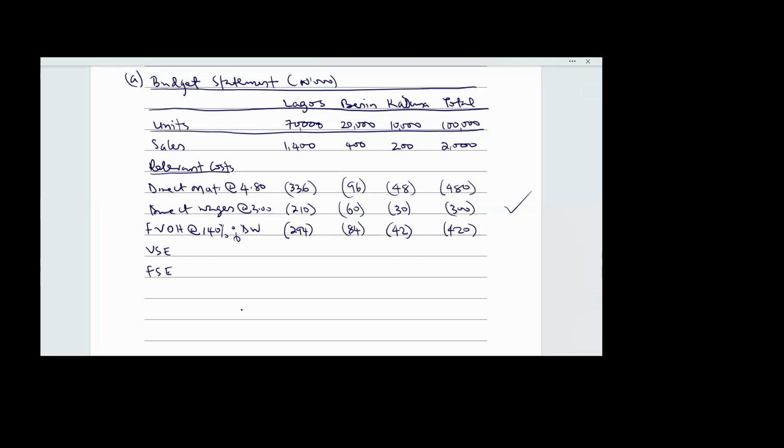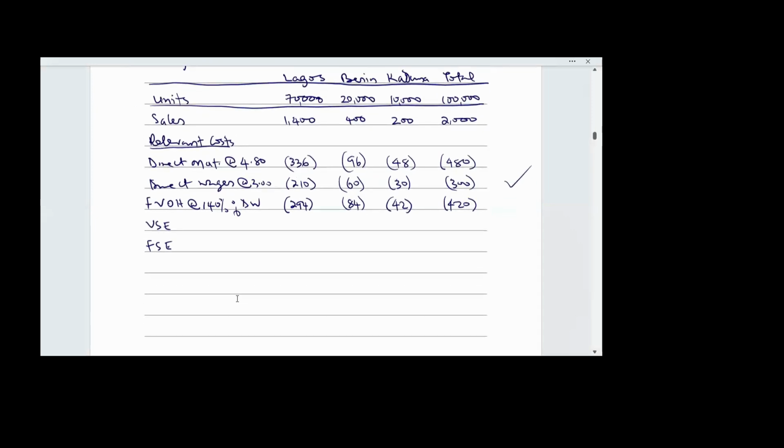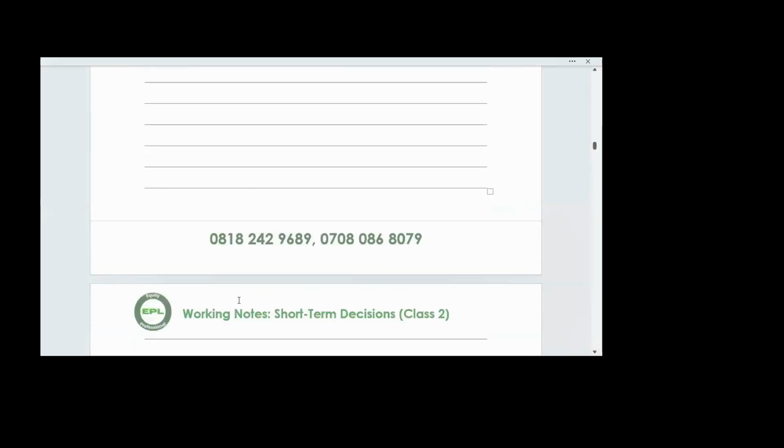Then variable selling expenses. The examiner told us that the variable selling expenses is 5% for Lagos, 8% for Benin, and 10% for Kaduna. So the selling expenses is a percentage on sales. Let's go and account for that. Let's say this is the first table, second table.